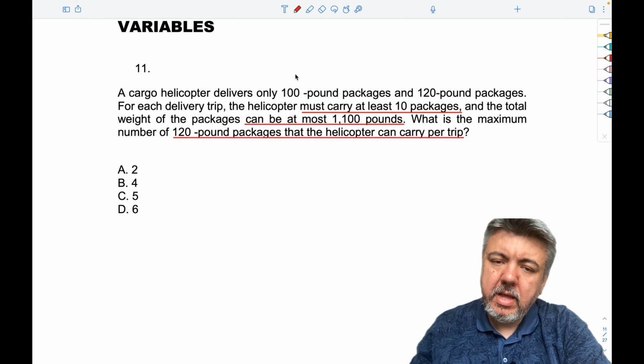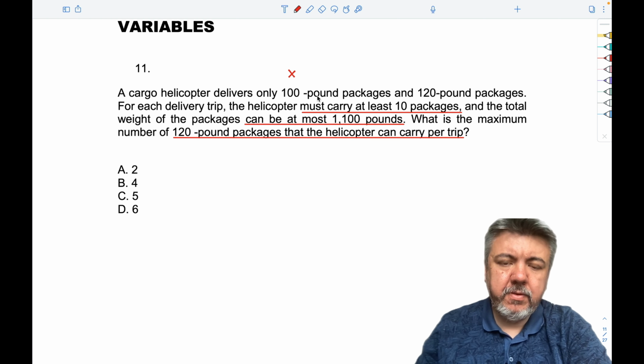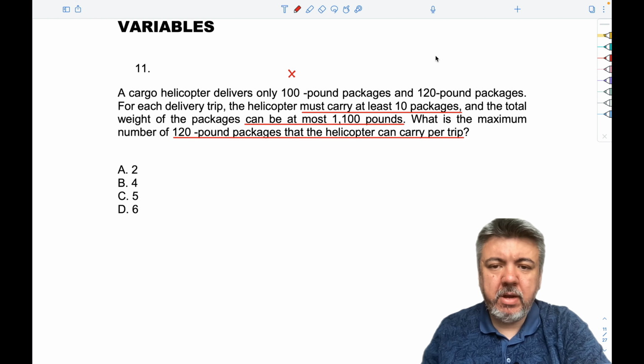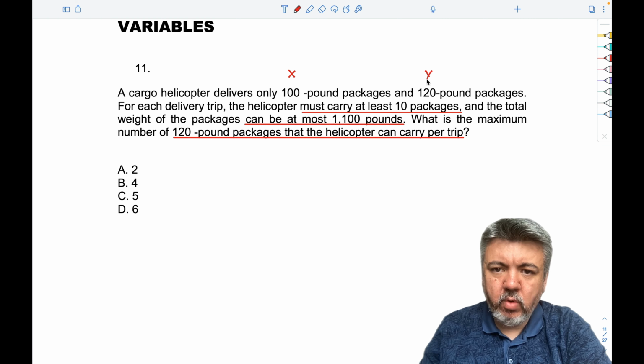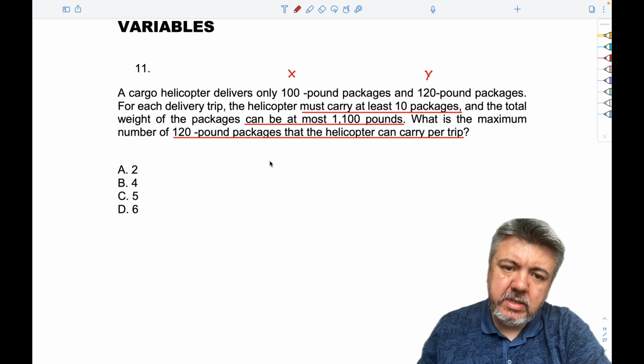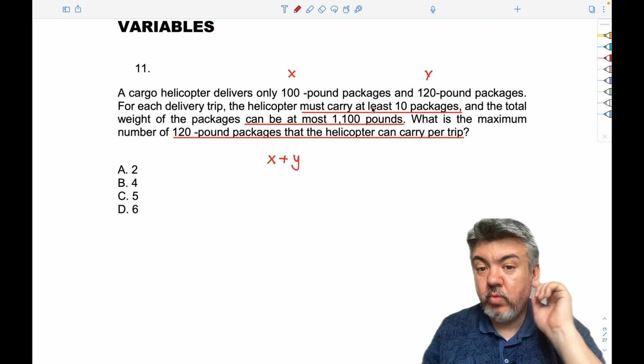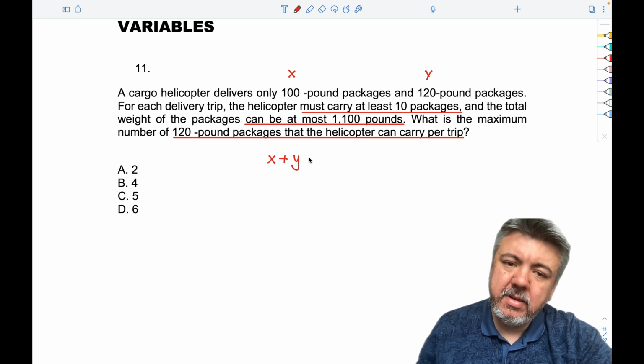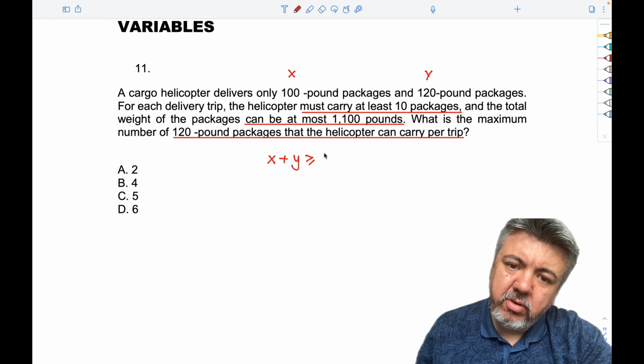Okay, let's say the number of 100-pound packages is x and y is 120. So x packages for 100 and y packages for 120, at least 10, means x plus y greater than or equal to 10.